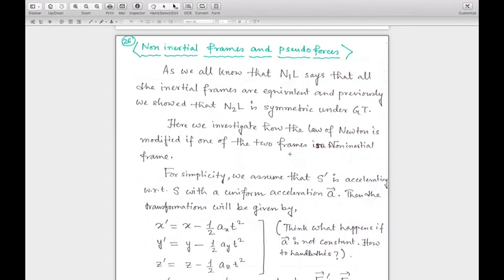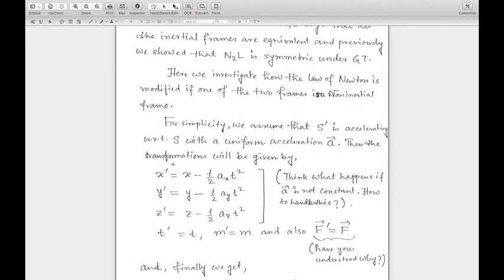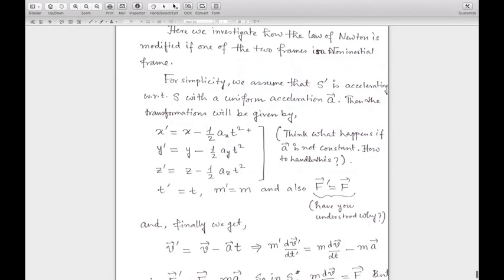Now we have to study how Newton's law is modified if one of the two frames is non-inertial. For simplicity, at the first step, we assume that one is moving with respect to the other with a uniform acceleration a. A in general need not be uniform, but here we just assume that, and if we assume that, you can simply write this transformation rule.